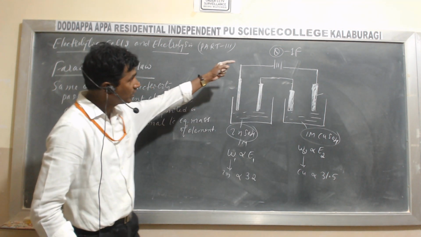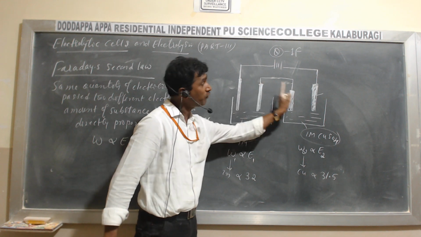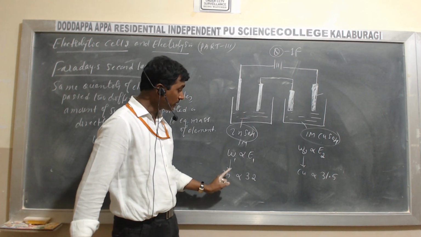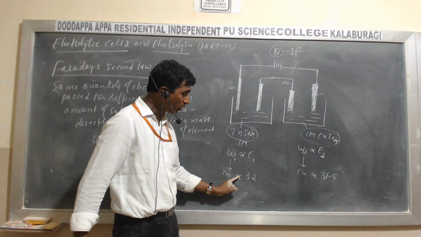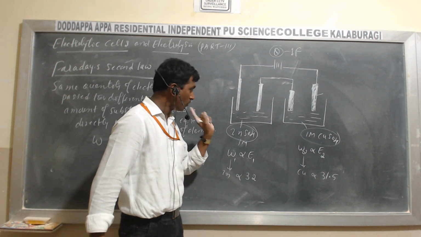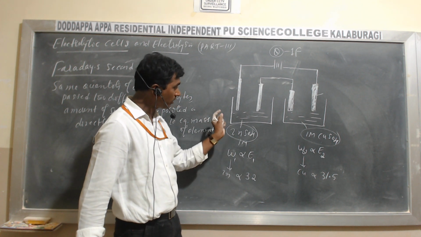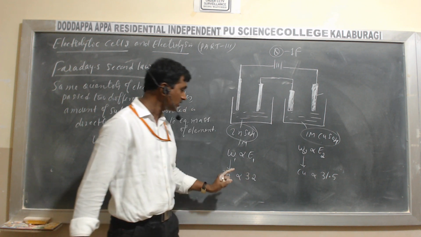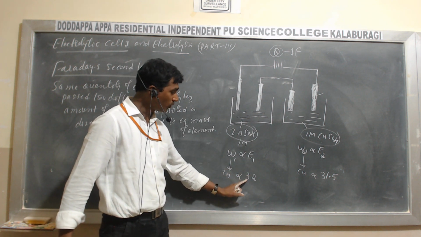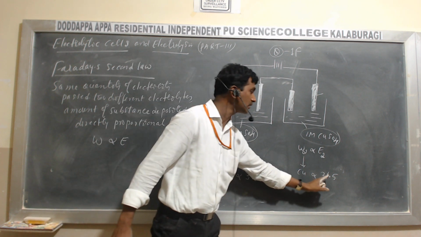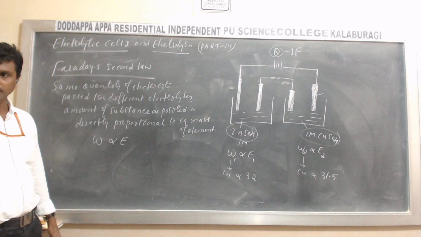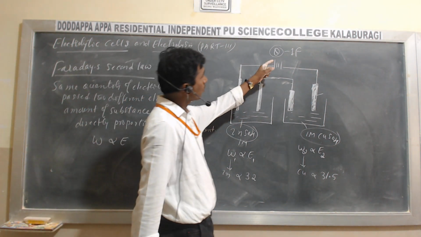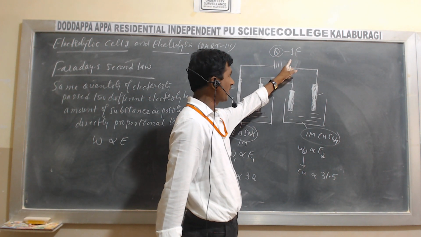So the quantity of charge is the same for both electrolytes, but the amount of deposition of zinc or copper is different. One is 32, one is 31.5, because it depends on equivalent mass. Okay, my dear students, the quantity of Q is 1 Faraday.